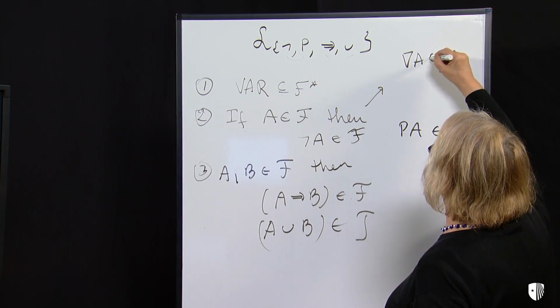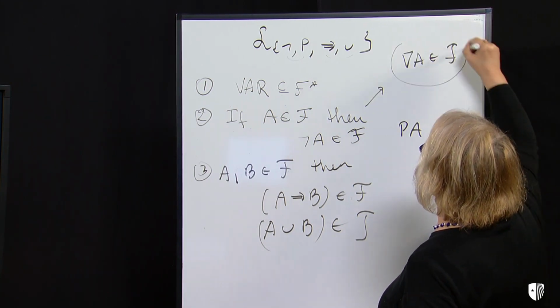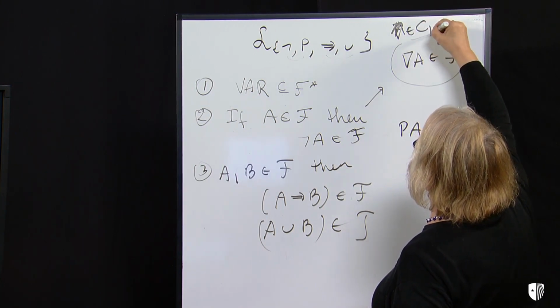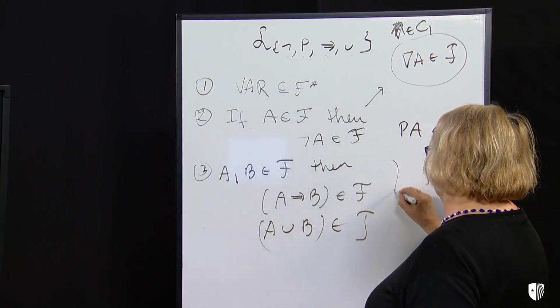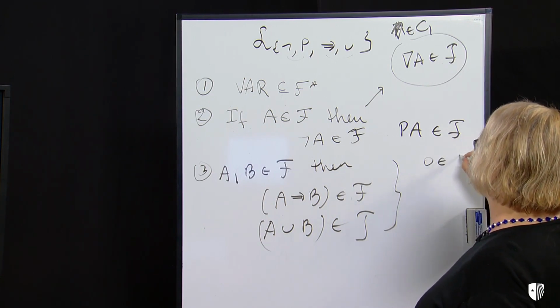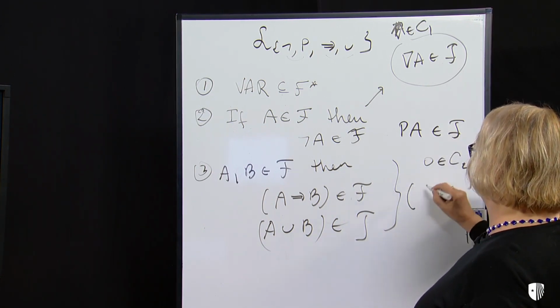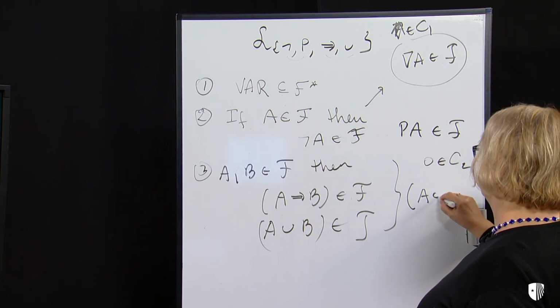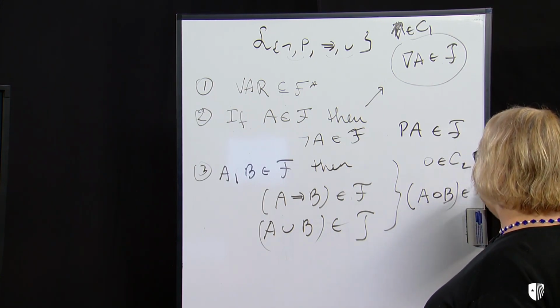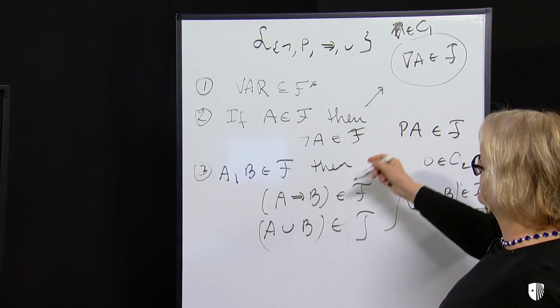So A is a formula for this unary connective, and that condition means that if you have a binary connective, you always put parentheses and you put the binary connective between and you add parentheses.